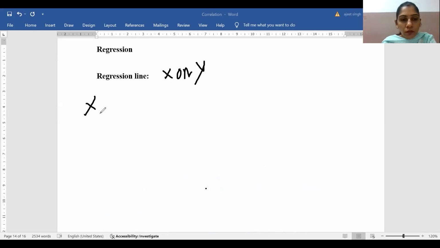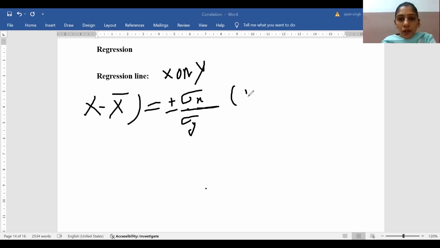So the equation will be opposite: x minus x bar is equal to plus or minus standard deviation of x divided by standard deviation of y, bracket y minus y bar.